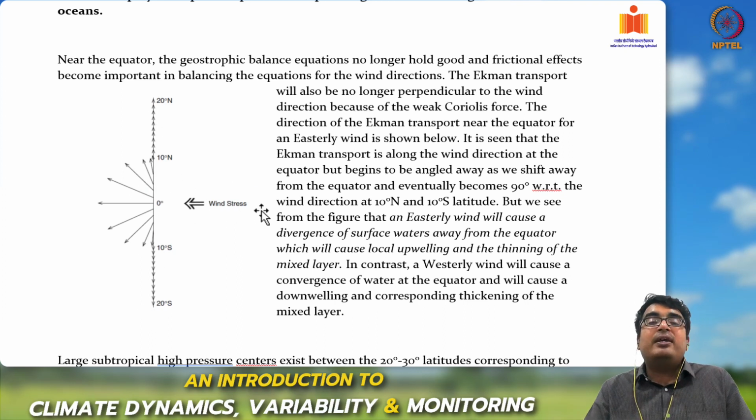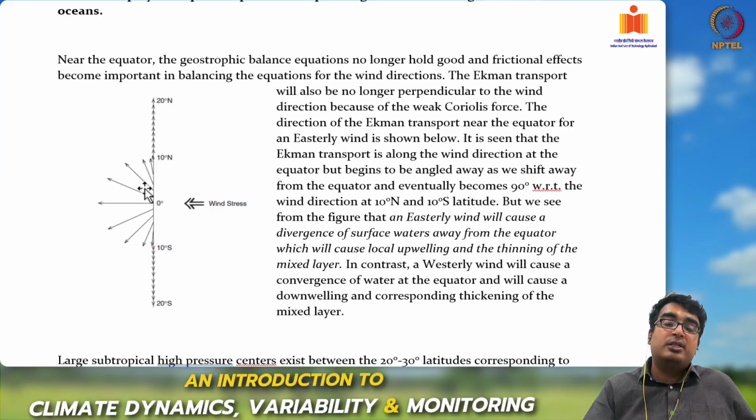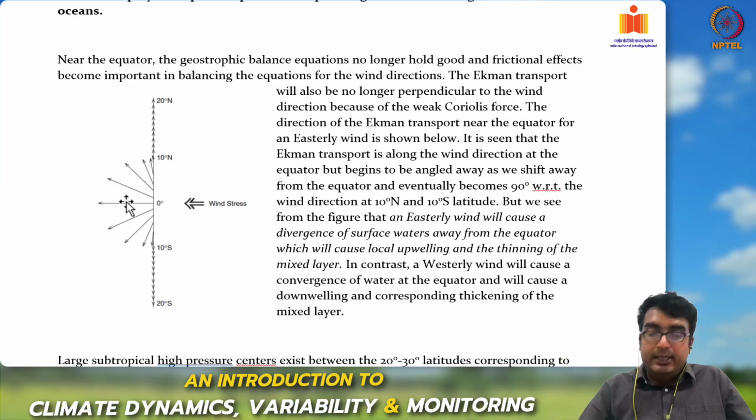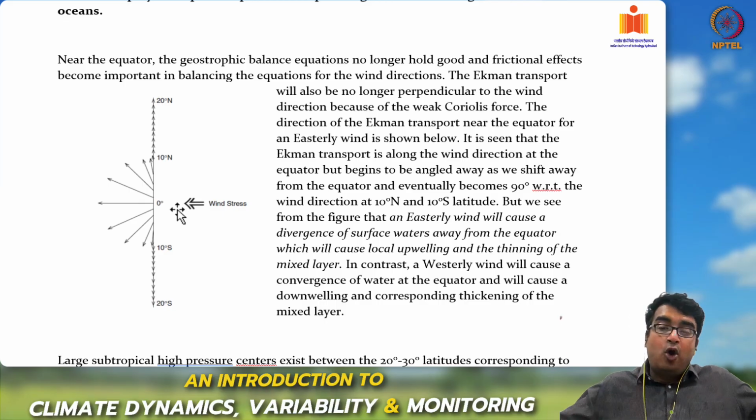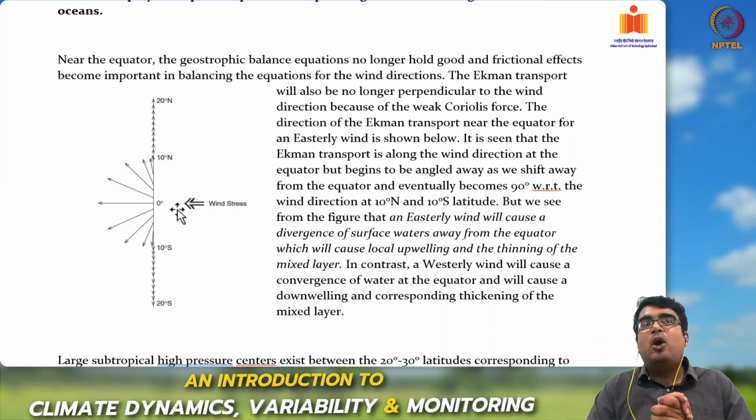So suppose you have an east to west moving wind, this will be the vector structure of the water transport around the equator. What this means is an east to west moving wind will cause a net divergence of the ocean surface level water from the equator, creating an upwelling. Similarly, a west to east moving wind will have the opposite effect, a convergence of ocean waters from the outside, and it will cause a downwelling.